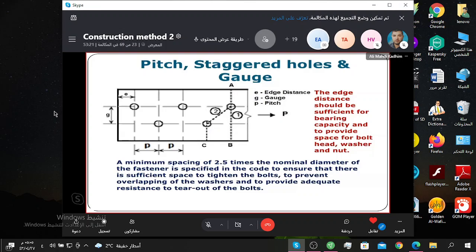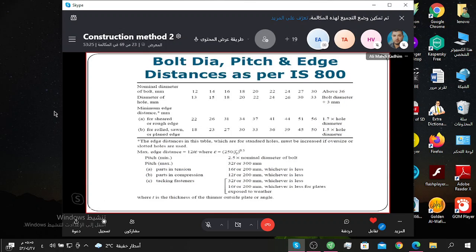Bolt diameter, pitch, and edge distance as per IS 800. The figure is shown.